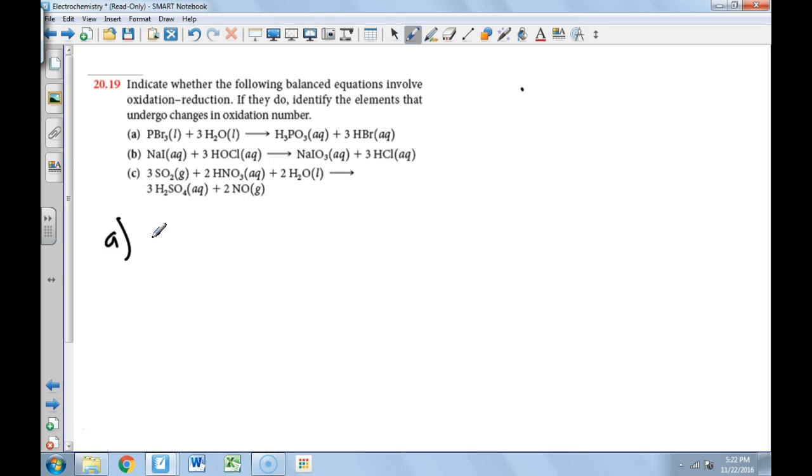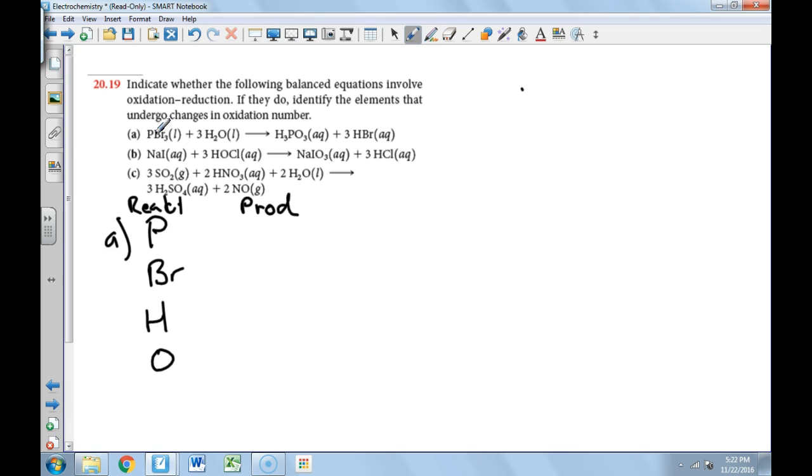So let's list all the elements: P, Br, H, and O for part A. As a reactant, I'm going to make a column, and as a product, I'm going to make a column. You can always determine the oxidation number, the oxidation state. That's what this is basically asking.